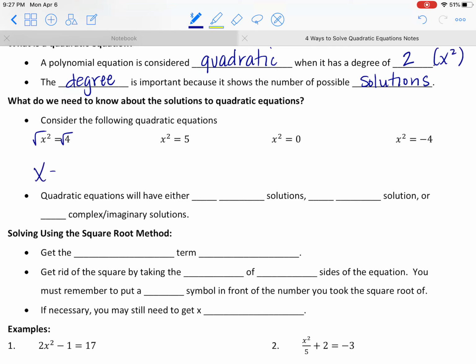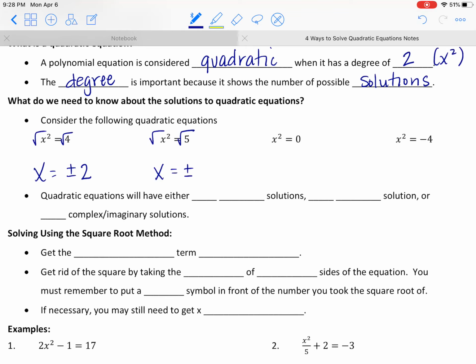Now I've made this look really terribly ugly. Technically, we could have just taken the square root of both sides, so x has to be not just 2, but plus or minus 2.